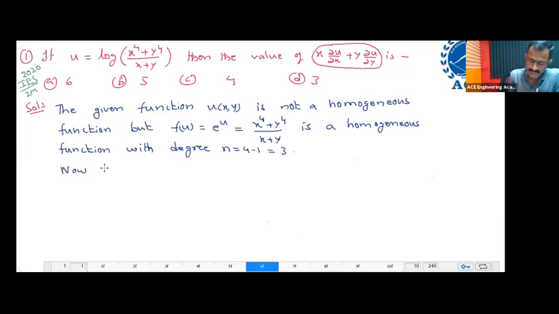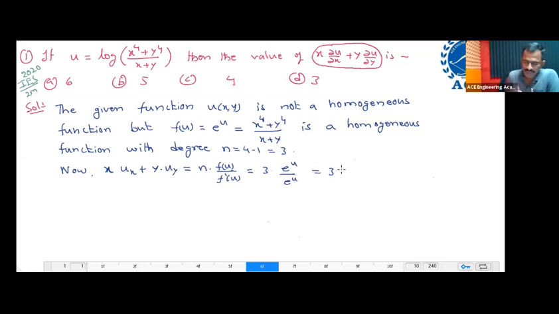Now x into u suffix x, that is u suffix x is the partial derivative of u with respect to x, that is dou u by dou x, plus y into u y equal to n into f of u by f dash of u. Here n is 3, f of u is e power u, and its derivative is also the same, so equal to 3.